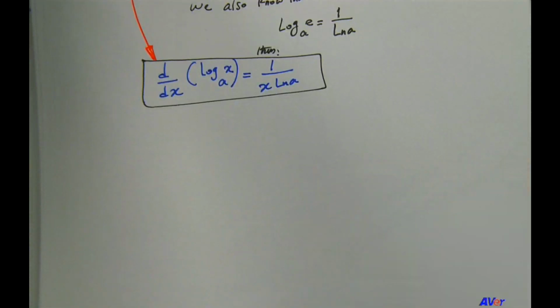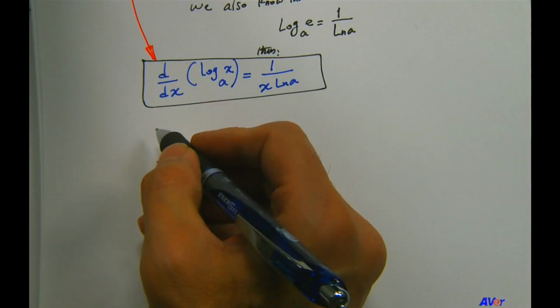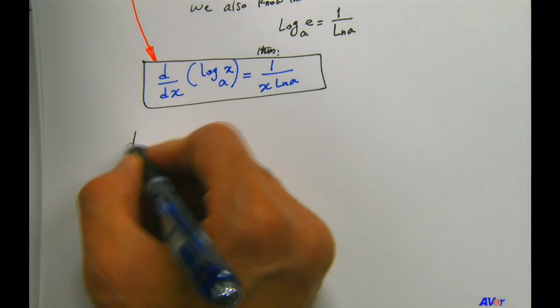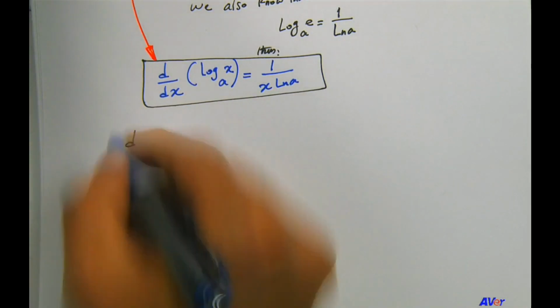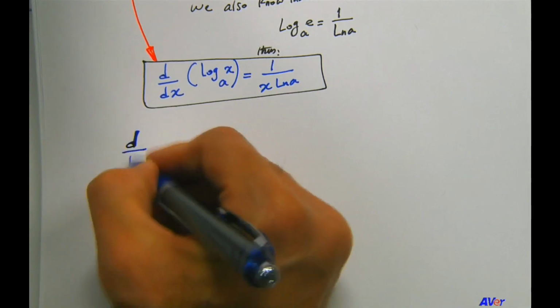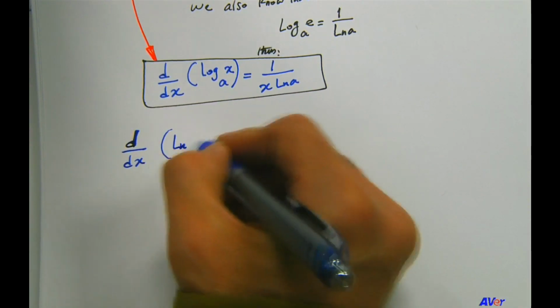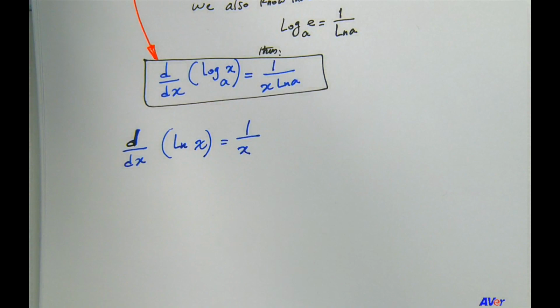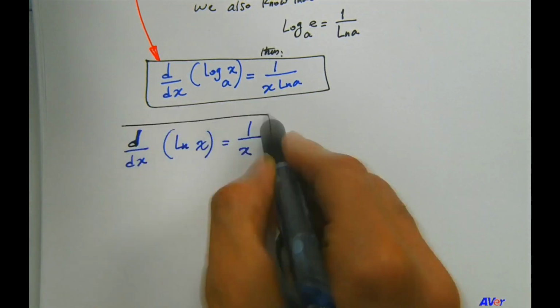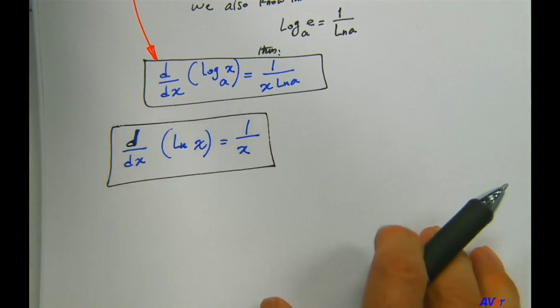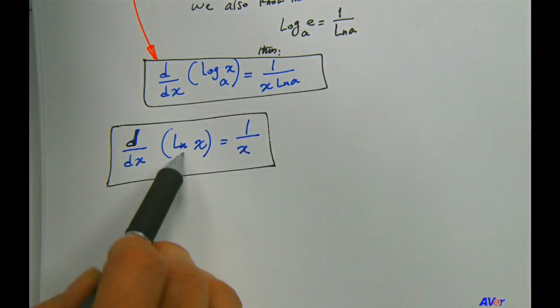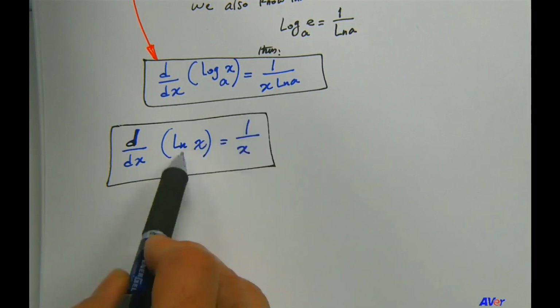So let's continue with more formulas here. If you want to take the derivative of natural log of x, d dx of natural log of x, that would be equal to 1 over x. That makes sense because natural log of x has base e, and natural log of e, which is the base, would be 1.